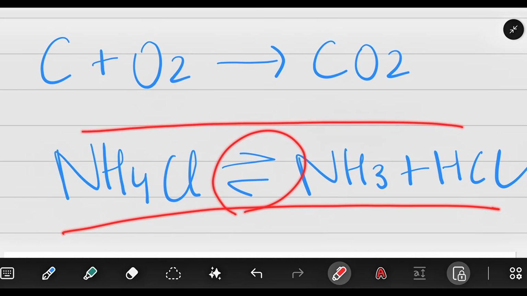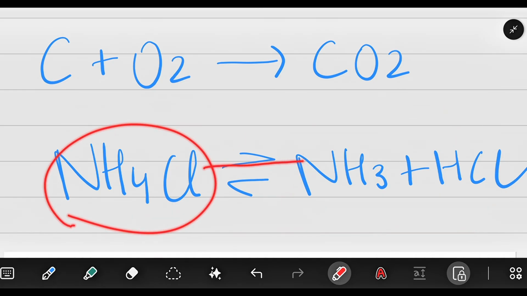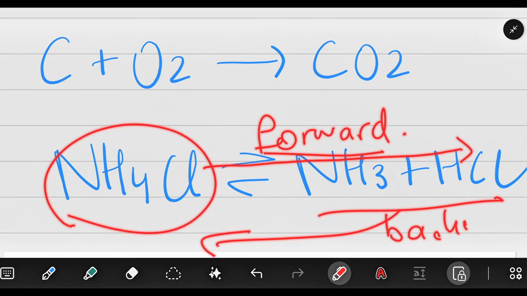It can either go forward and it can also happen backwards, which means that this ammonium chloride can decompose to form NH3 plus HCl in the forward reaction, and the same NH3 and HCl will go back to form NH4Cl, that was a reactant in the forward reaction. So we call this the backward reaction, right?